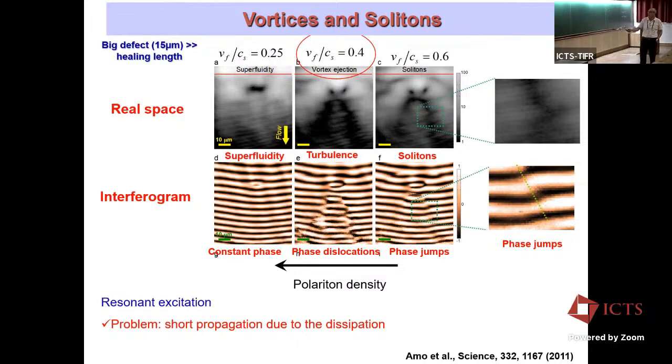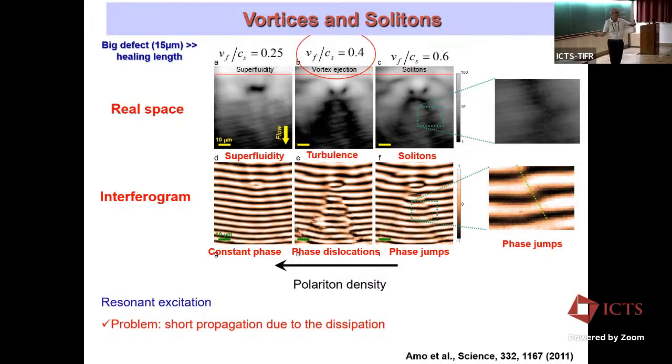So here in this column, we have a ratio between the speed of the fluid and the speed of sound. It is very small. So the fluid is deeply subsonic, and then there are no excitations that can be generated in the wake of the defect. Here, the phase of the fluid is regular, it's very flat.